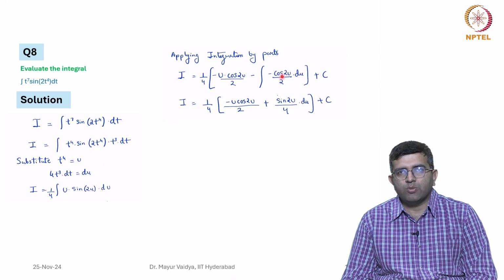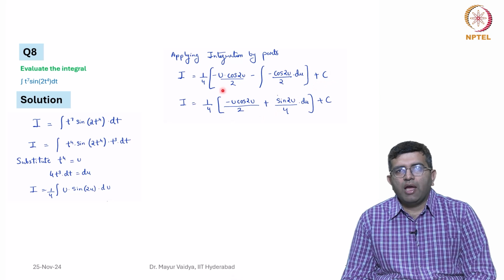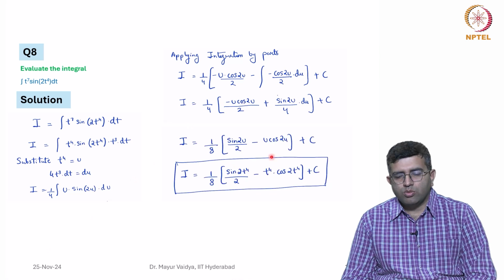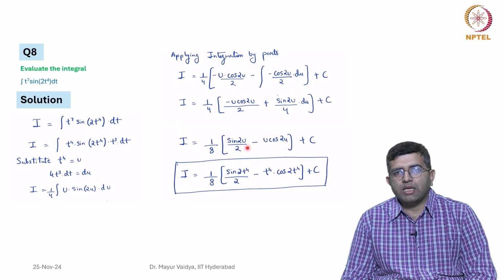So there is 1 here, and plus the integration constant we add, and therefore now you have 1 by 4 times minus u cos 2u by 2 plus the integral of cos, which is sine; this minus and this minus become plus. So you have sine 2u by 4 in total, and if you take 1 by 2 out, you get 1 by 8 times (sine 2u minus 2u cos 2u) plus c.